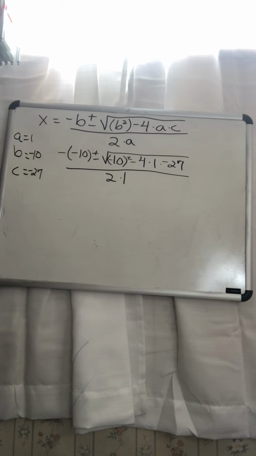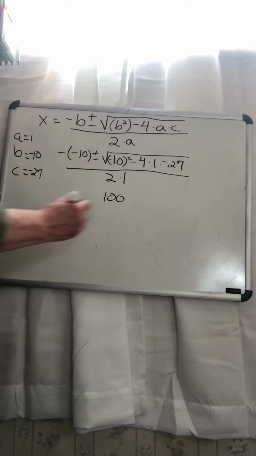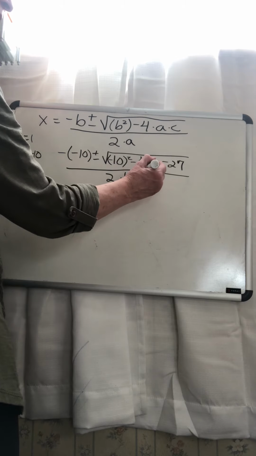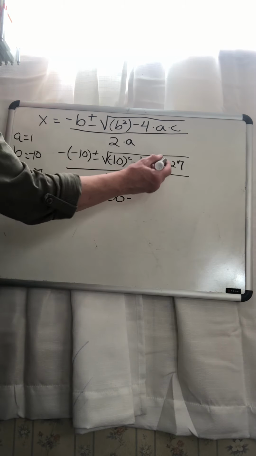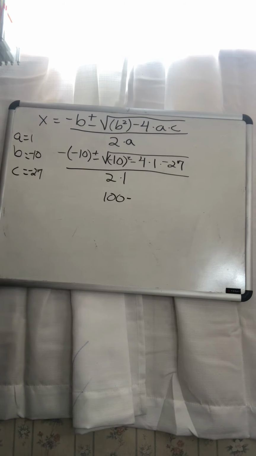So we have 10 times 10, which is 100. A negative times a negative is a positive. Minus 4 times 1 times 27, a negative 27. So 4 times 27 is going to give us 108.